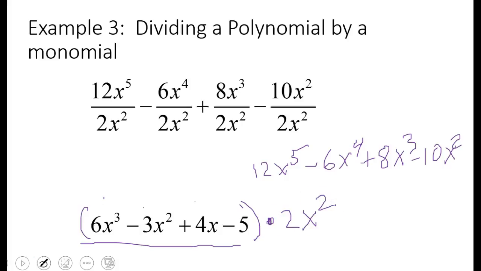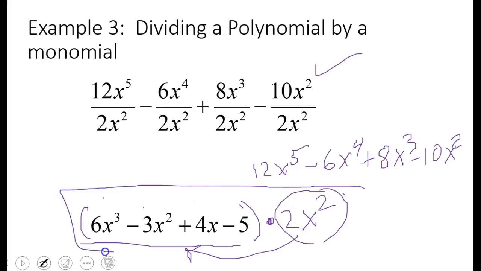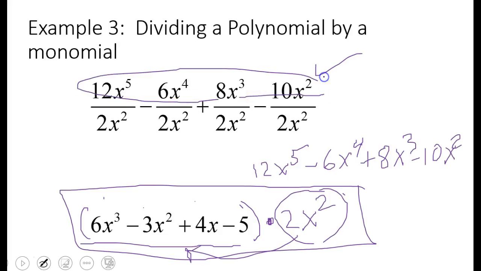If I were to multiply this through, I would get back this, and that's a way to check your work. What we do when we factor is we basically do this division, but then we do write what we divided by out front. So this big expression here is the factored form of our original polynomial that is represented in the top here.